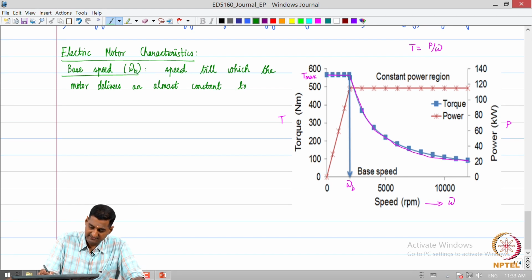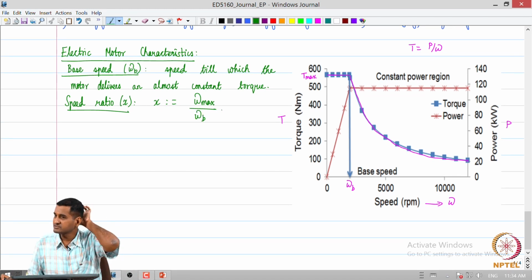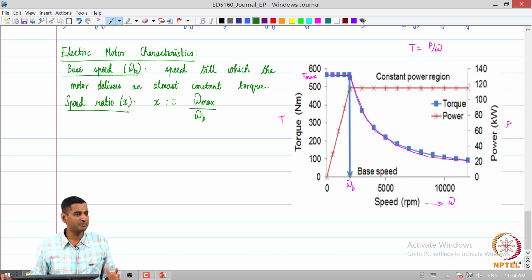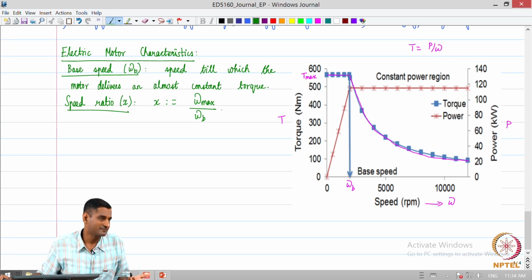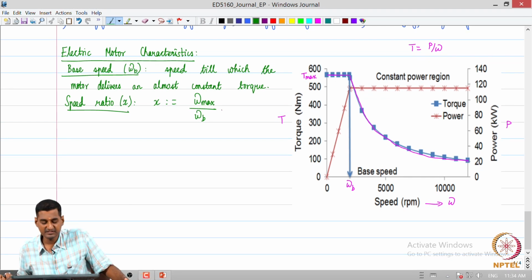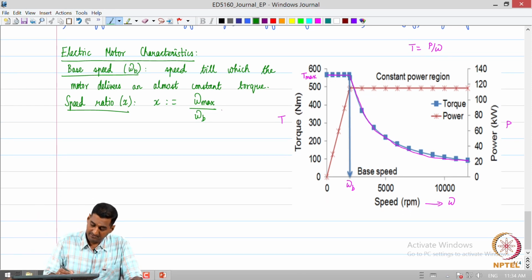Okay. So, that is the definition of base speed. Then we have what is called the speed ratio. Speed ratio x is defined as the maximum speed of the motor to the base speed of the motor. Obviously, the value of speed ratio is greater than 1, right. So, it is the maximum motor speed divided by the base speed.